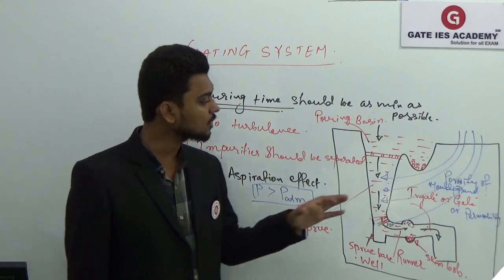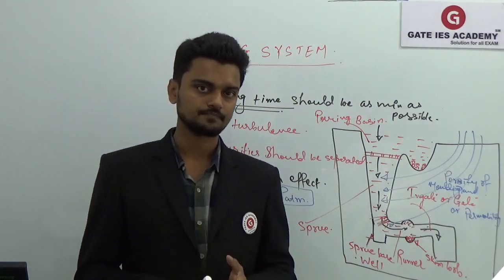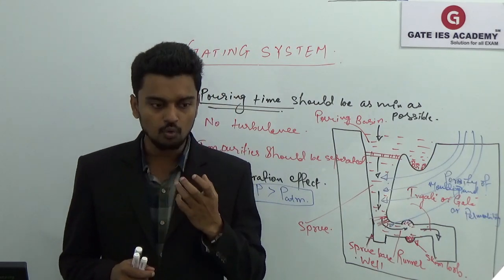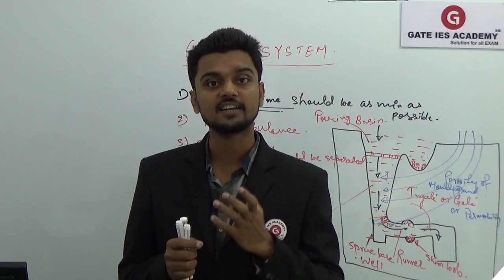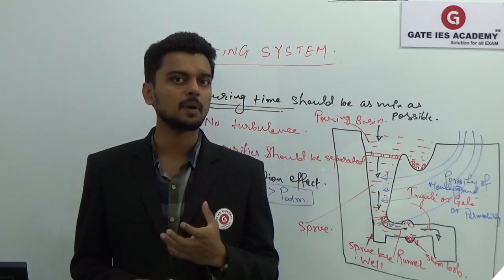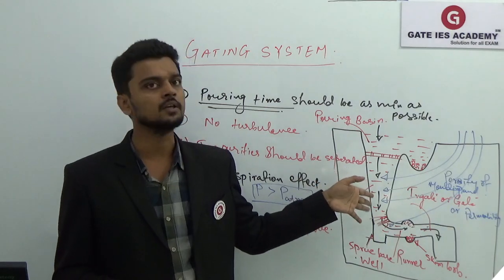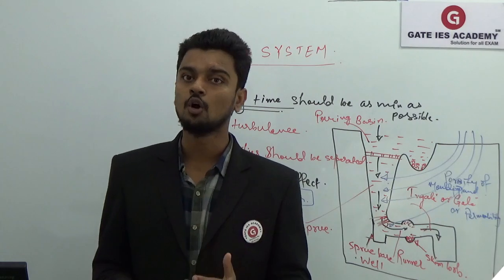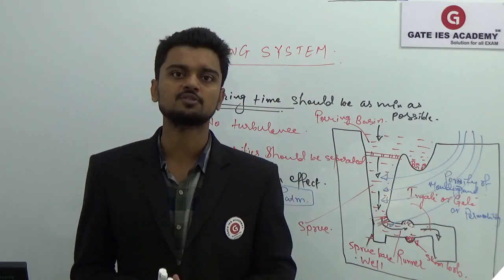And why is it happening? Because of the permeability or porosity of the molding sand. Permeability is the ability of the molding sand to let air or gases present in your molten metal or inside the cavity escape. Because of this permeability, air from the outside will flow into the gating system if the pressure inside is below atmospheric pressure. So there should not be any aspiration effect.